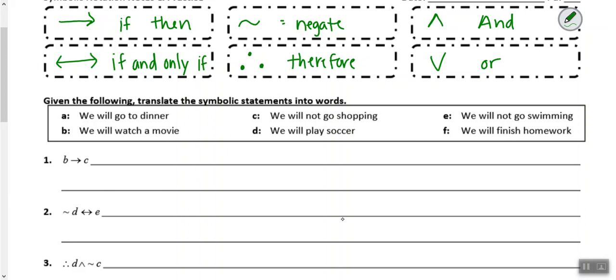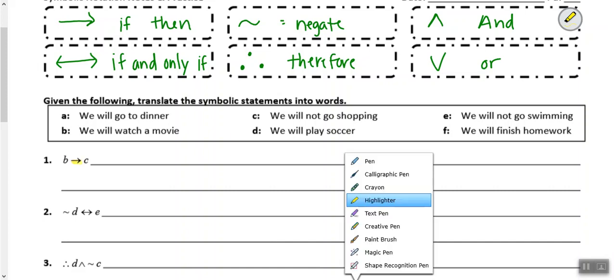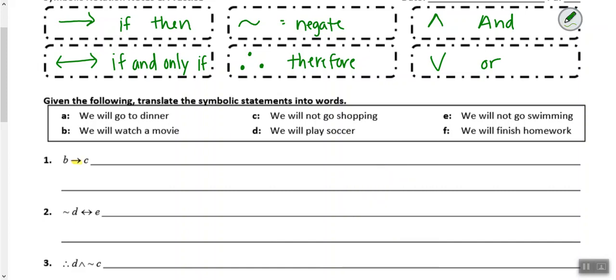So if we look at number 1, I notice that I have an arrow. So that is my if-then statement.